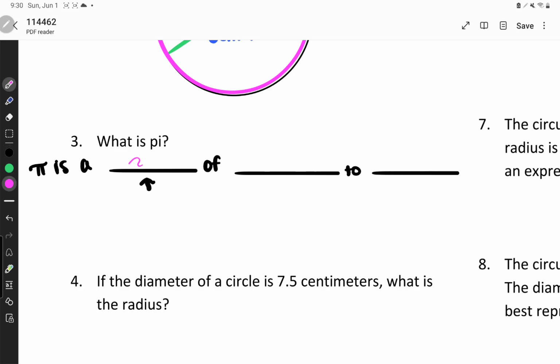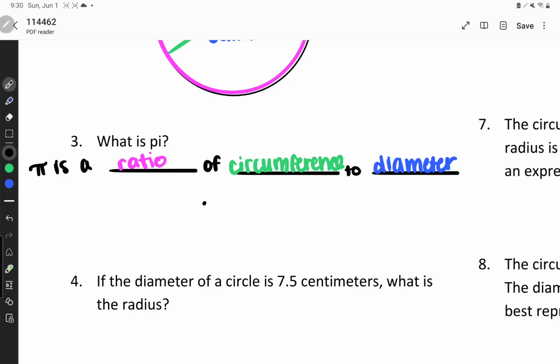Ratio. It's a ratio of what to what? Circumference and then what goes in this last blank? Diameter. So pi is a ratio of circumference to diameter.